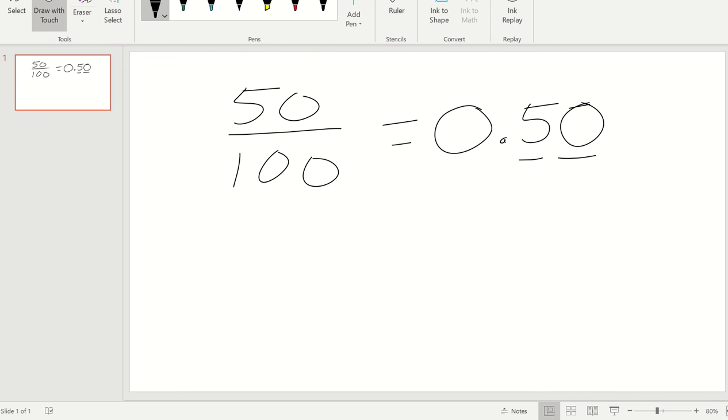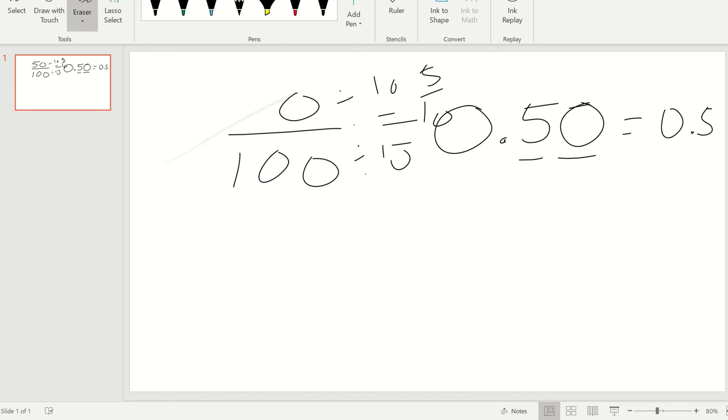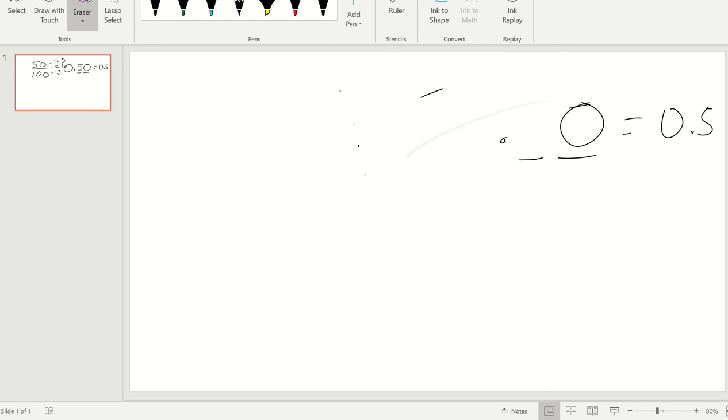This is equivalent to 0.5 or 5/10, which makes sense because if we were to divide 50/100 by 10/10, we would get 5/10. So I just want to remind you that there are some decimals that are equivalent. But for right now, let's just focus on turning these fractions into their equivalent decimal.